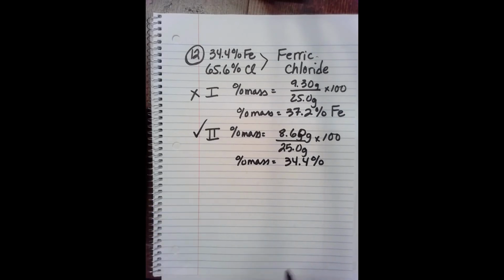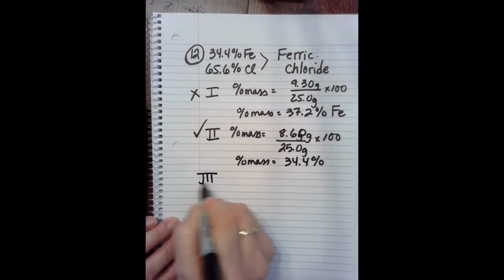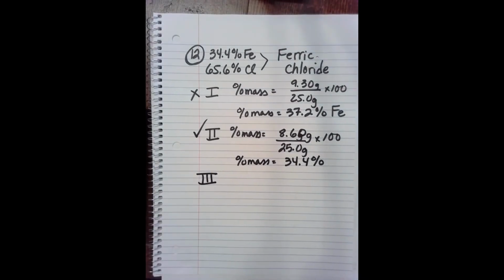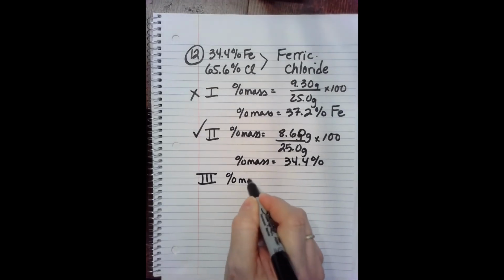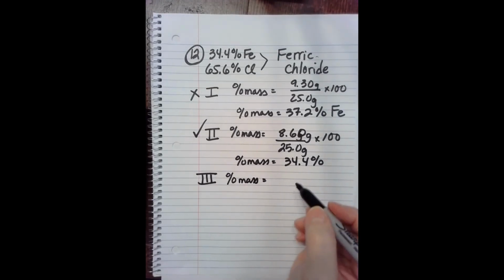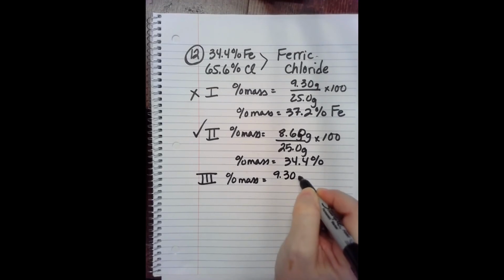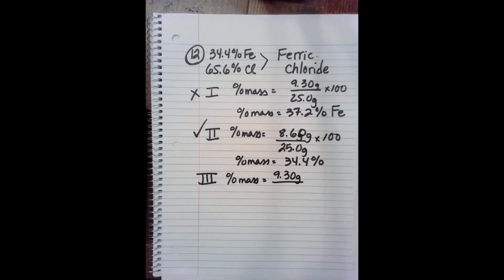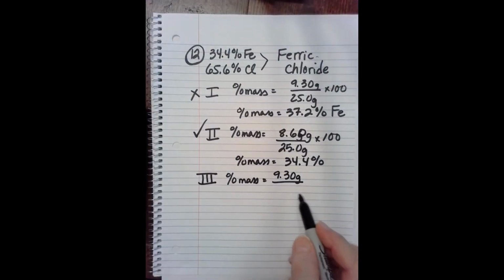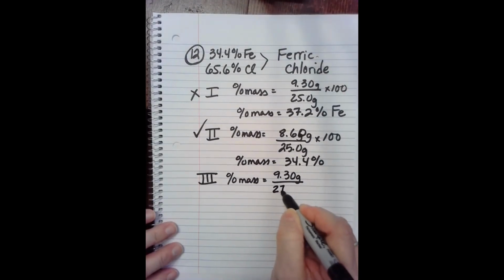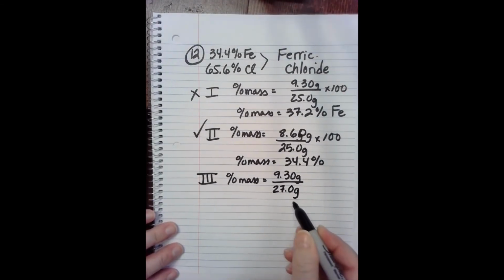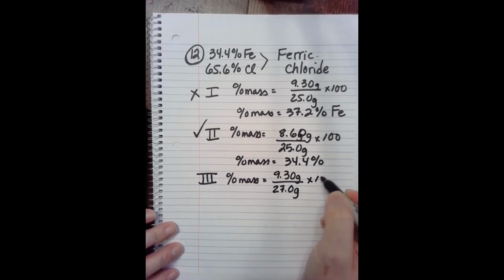All right. Let's look at number 3. Here we have percent mass equals the iron, 9.3 grams. Remember, all of the data that I'm using is in the chart. Somebody said, well, we did this before, but look, the sample size is different. This sample size is 27 grams, times 100.